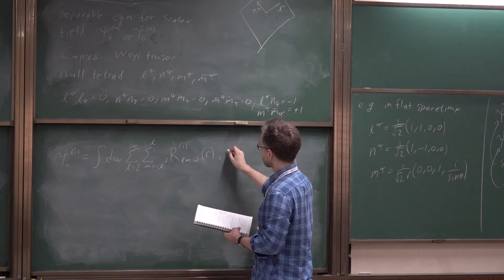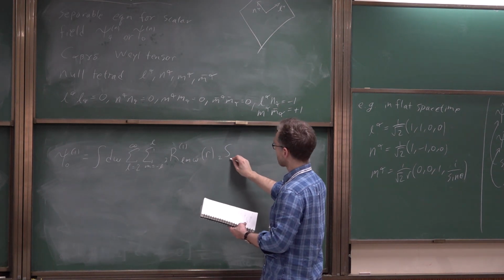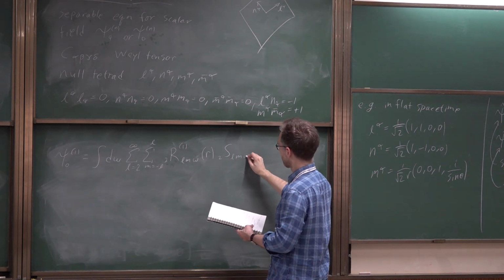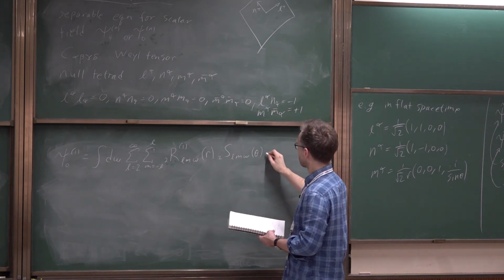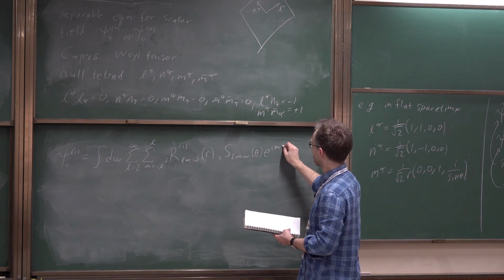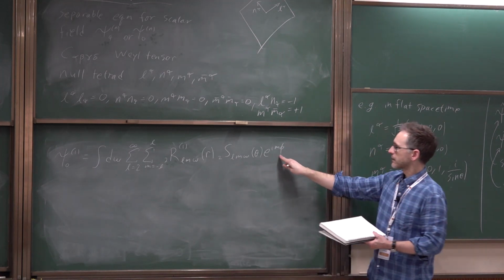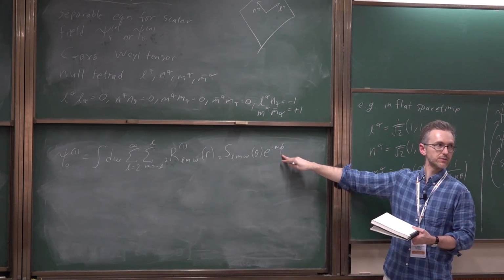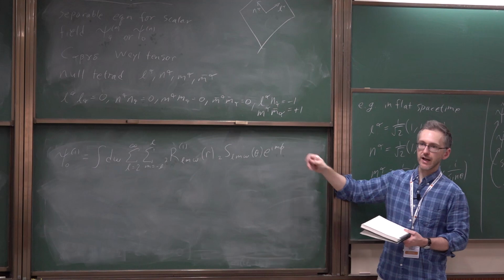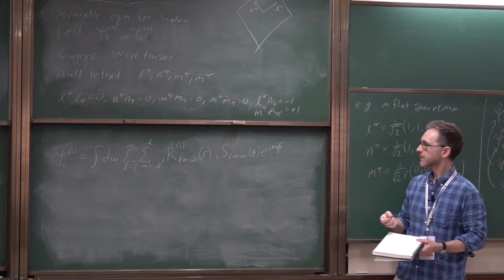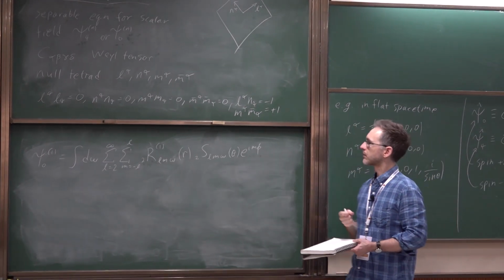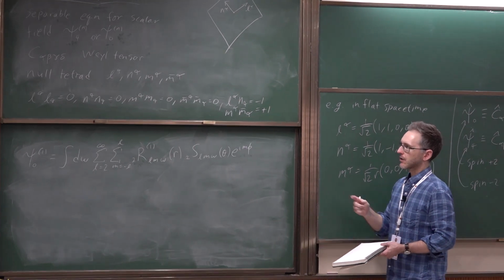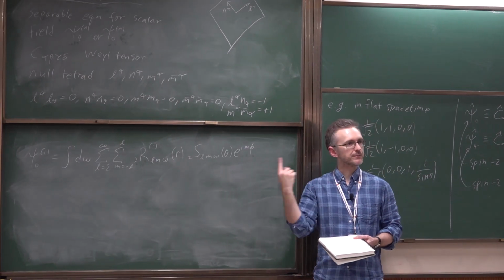Then we've got our angular dependence. The phi dependence is the same as Schwarzschild's. It's just the usual e to the i m phi that appears in spherical harmonics. And the reason it's the same as in Schwarzschild is that Kerr is axially symmetric.